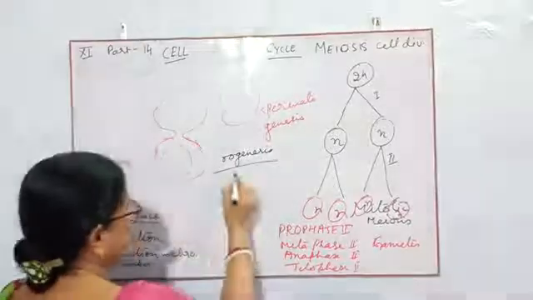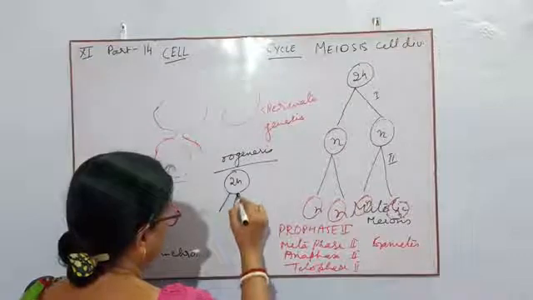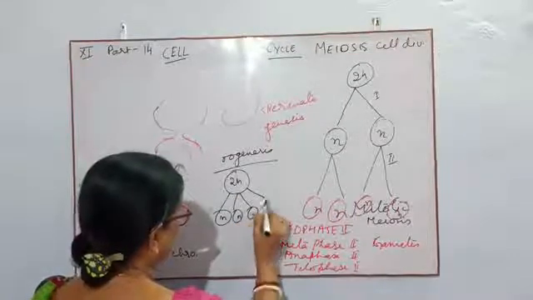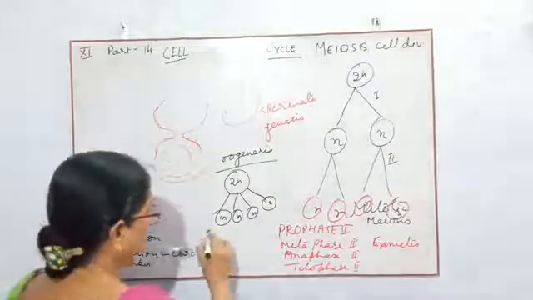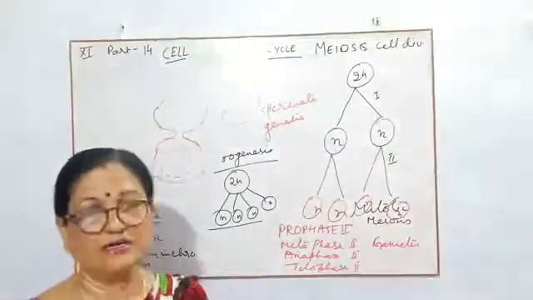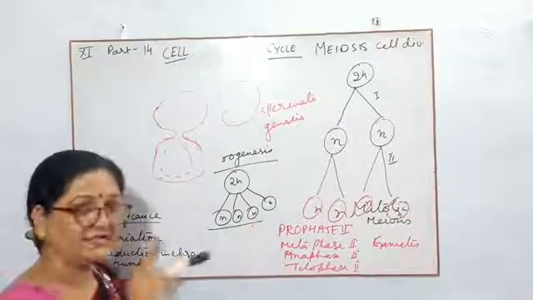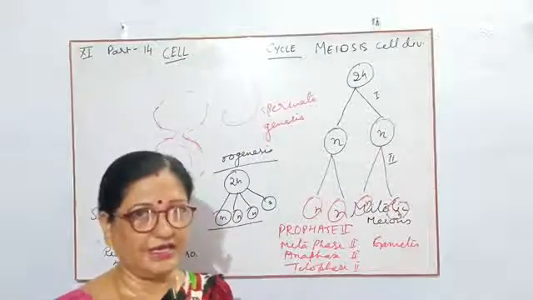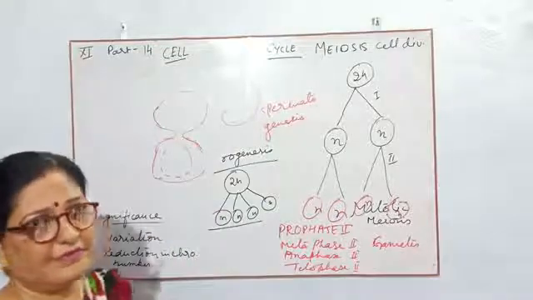In oogenesis, one diploid cell will also form 4 gametes, but in case of female, 3 will be destroyed every time, because only one gamete will be there. That's why female have only one ovum in their ovary, but male can produce so many gametes.